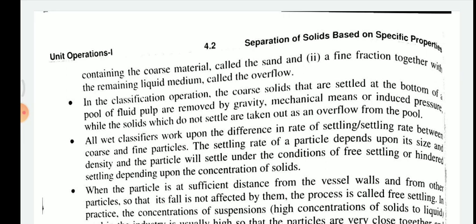In some operations, pressure is created at the bottom of the vessel so that the settling process is faster.